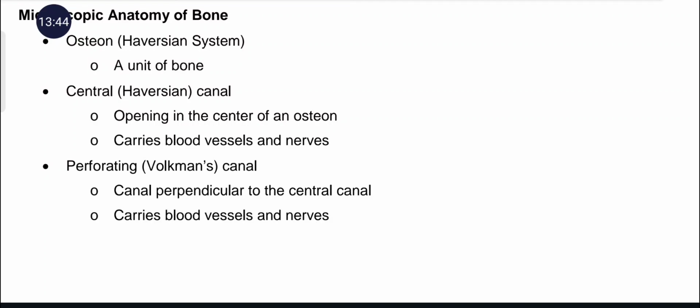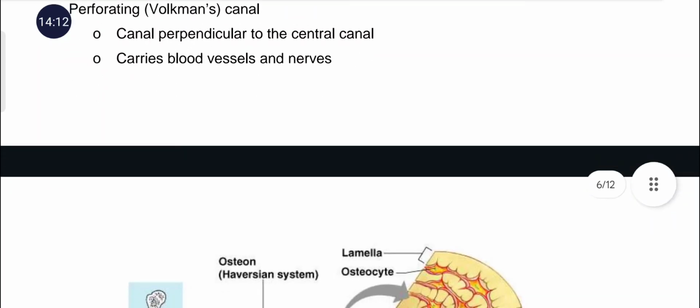It consists of the central Haversian canal, which is an opening in the center of the osteon, or Haversian system. It carries blood vessels and nerves. Also, it consists of Volkmann's canal or perforating canal, which runs perpendicular to the central or Haversian canal. These are also responsible for carrying blood vessels and nerves.